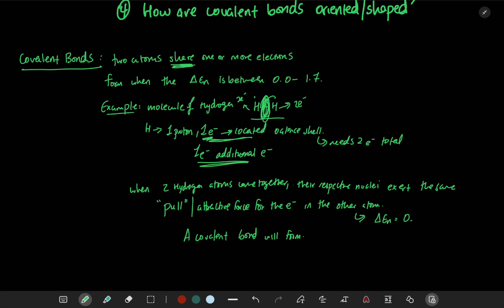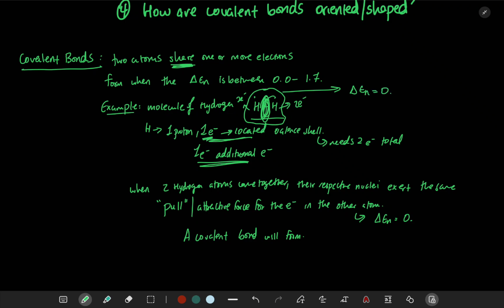And so in this case, because the two atoms involved are identical, because they're both hydrogen atoms, they have the same properties, which means that they have the exact same electronegativity, right? So here, the delta electronegativity is 0, right?